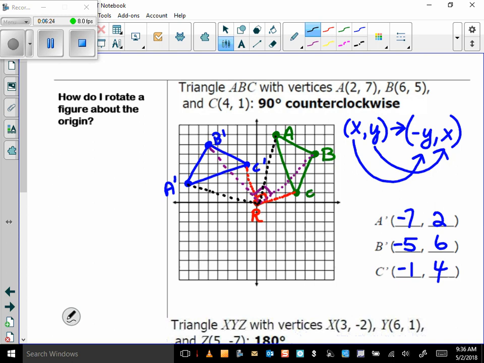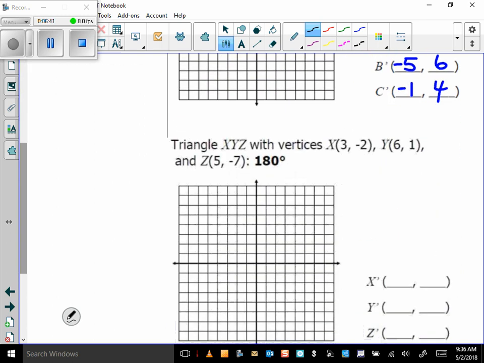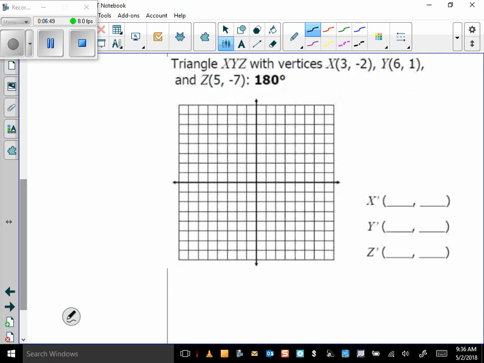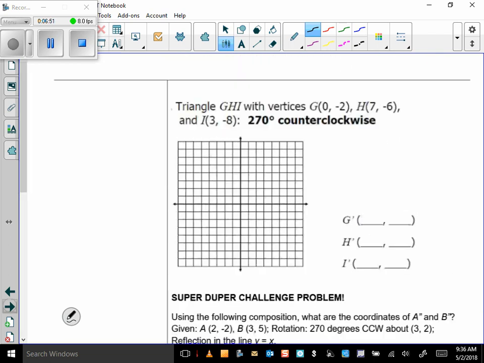So the center of rotation will be the vertex of the angle created when you draw the segment from that center of rotation to the pre-image point and then to the image point. All right, so really all you have left here are a couple more problems to practice. I'm going to let you do those. I'm not even going to fill them in because you just have to apply the rule.